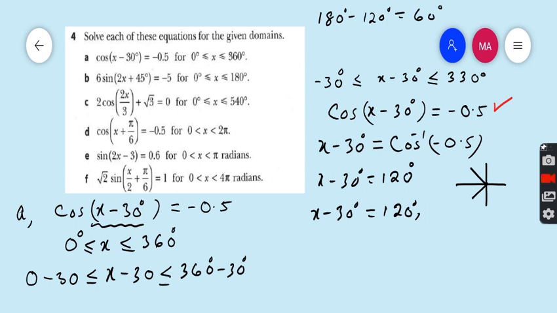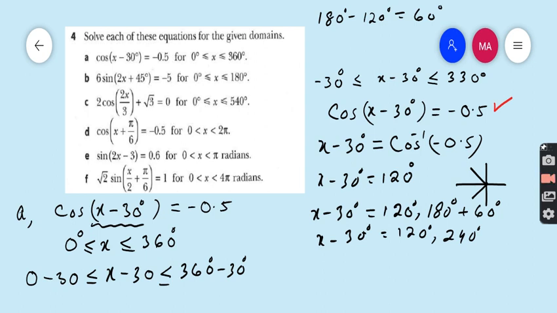Now you can find the other angle, that is the angle in the third quadrant. Just add this 60 to 180. So x minus 30 degrees equals 120, and 180 plus 60 is 240. But this is not our final answer.